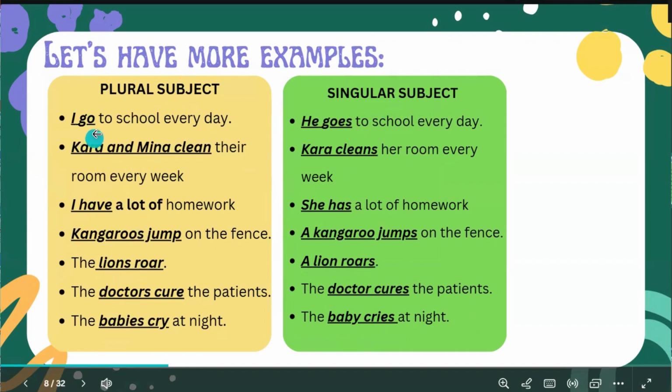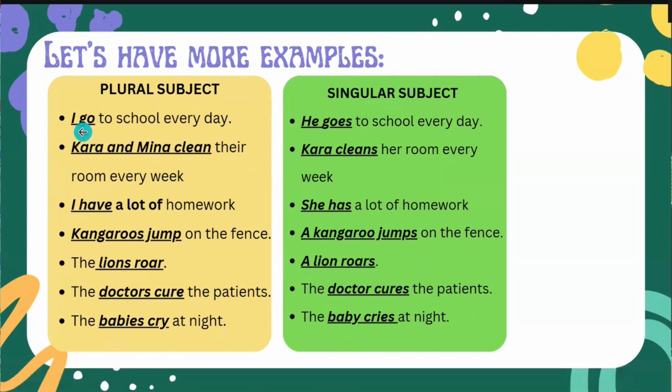So mapapansin nyo, ang mga verb na katabi niya ay walang S or ES. So we say, I go to school every day. Samantalang dito sa singular subject, isa lang ang ating pinag-uusapan. Ang kanilang verb ay may kasamang S or ES. So ito, he goes to school every day. So may ES lang dinagdag kasi isa lang naman yung subject natin, which is he.